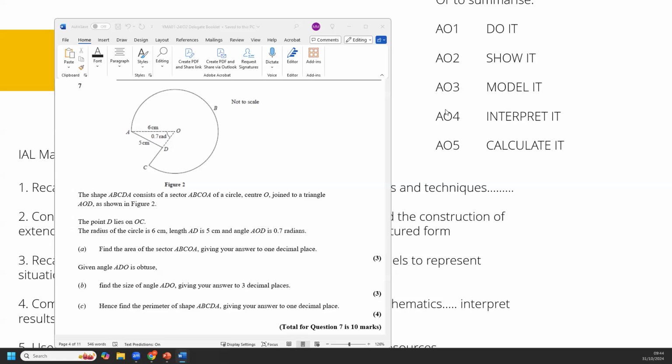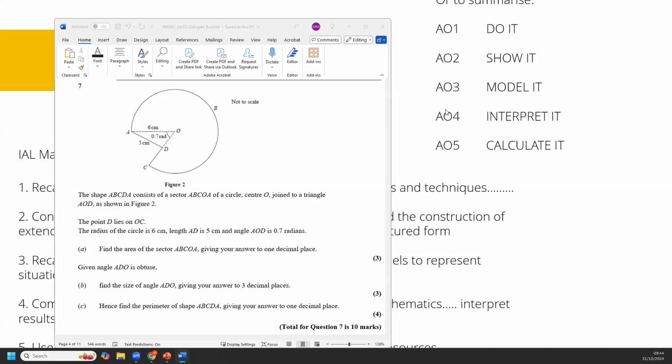So if I go with part A, it's find the area of the sector, giving your answer to 1 decimal place. You are right that there is an assessment objective 5 there because I have to calculate it. But for you to be able to do that, you have to again recall some information.